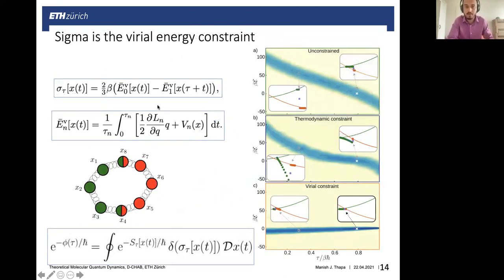0 and 1, where 0 is reactant and 1 is product. And the virial energy is defined like that. So that is the Lagrangian and it can be 0 or 1, and that is the generalized coordinate. And we chose our generalized coordinates such that at the boundaries, this was derived by performing partial integration on the thermodynamic energy.